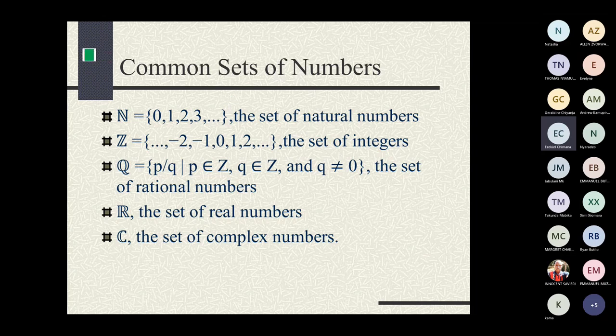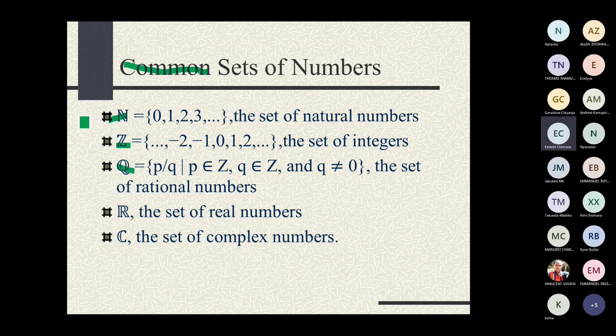So there are common sets that we expect you to know. There is this one, which is represented by N, which is the set of natural numbers, and then you've got the set of integers, and we've got a Q, which is the set of what? Of rational numbers.